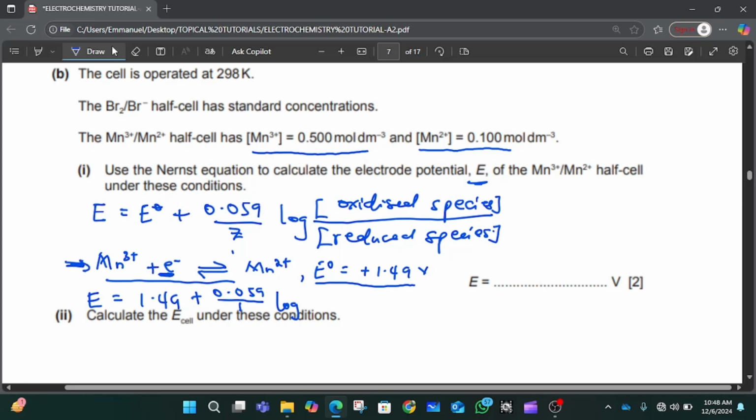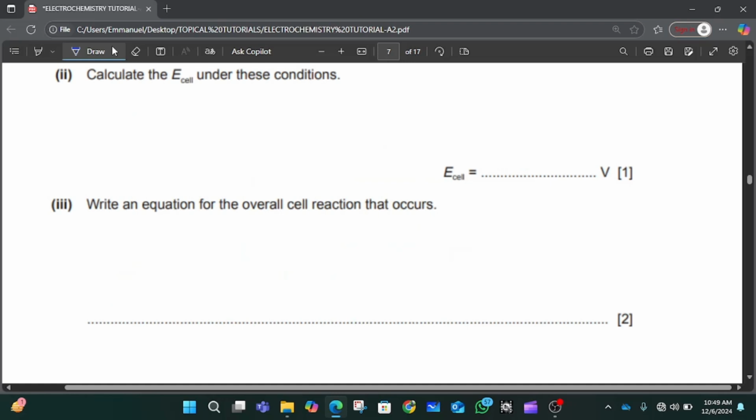This is the oxidized species and the concentration is 0.5, divided by the reduced species, whose concentration is 0.1. And so the electrode potential of the non-standard half cell is equal to 1.53 volts.